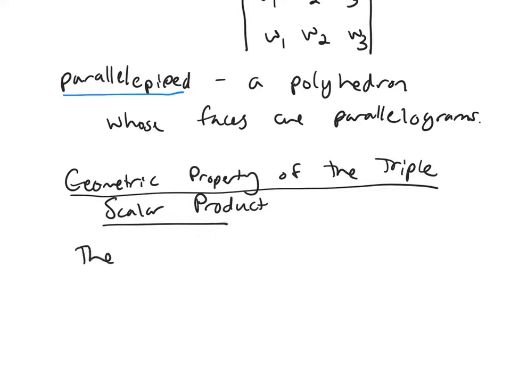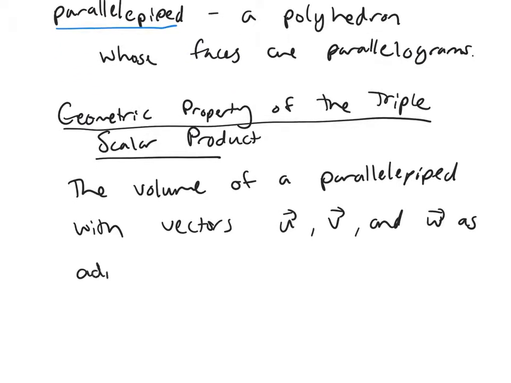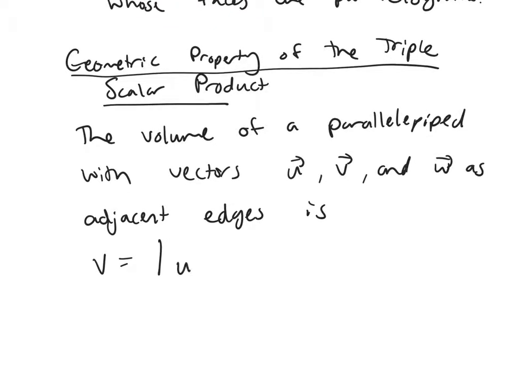It says that the volume of a parallelepiped with vectors u, v, and w as adjacent edges is the absolute value of this triple scalar product.